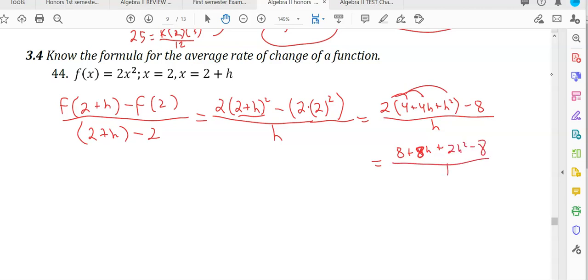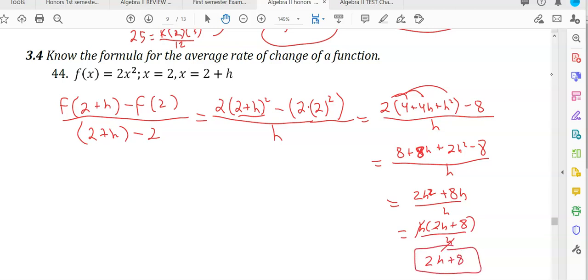I like this. It's simplifying nicely. So we get 8 minus 8 is 0. So we get 2h squared plus 8h all over h. Factor out the h's up top. So that'd be h times 2h plus 8 all over h. The h's cancel. So I think you get 2h plus 8. Oof, very nice.